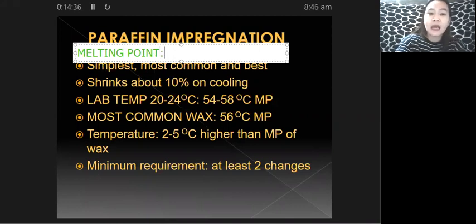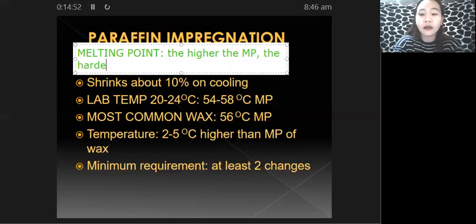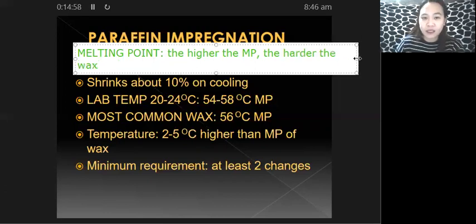The general rule when it comes to the melting point of your waxes is that the higher the melting point, the harder the wax.